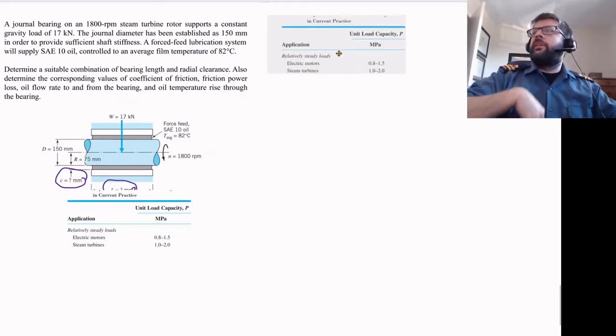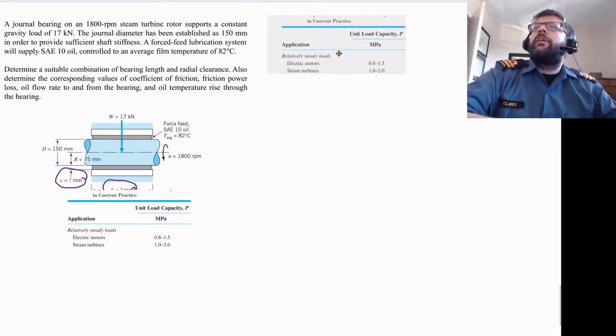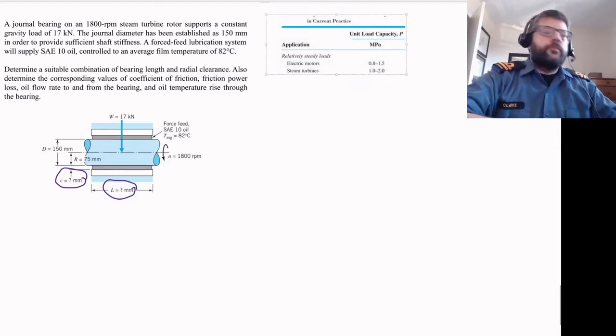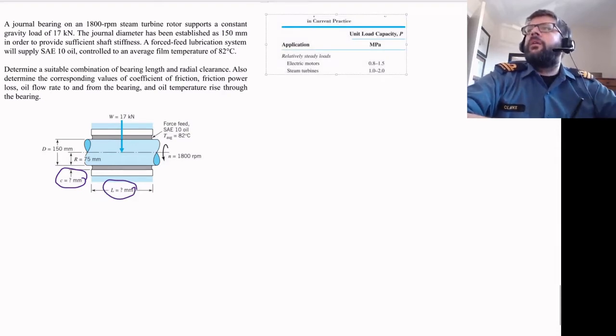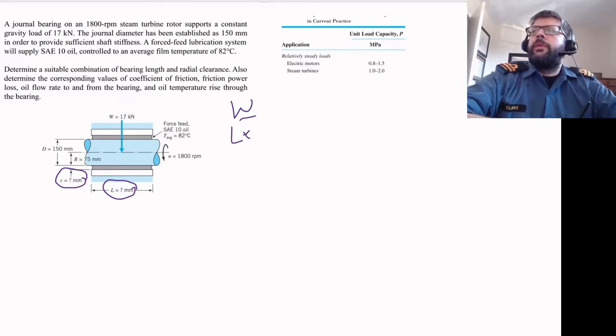So again, that's our bearing pressure, right? That's W divided by L times D. So we know the W here, we know what the D is, we don't know what the L is. So we want that to be within the 1 to 2 megapascal range.